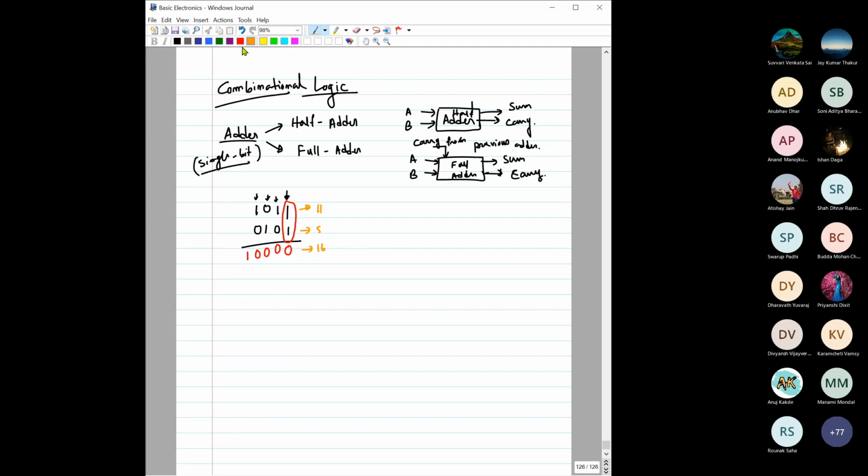So one thing you have probably noticed is that to add these two least significant bits, we don't have any carry coming from a previous adder. So here we can use the half adder.